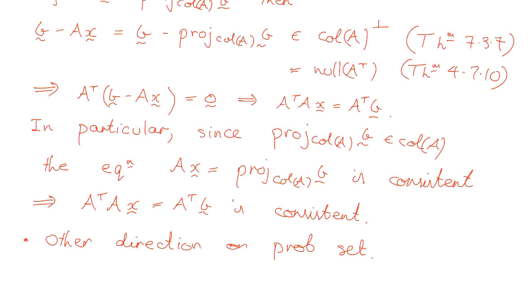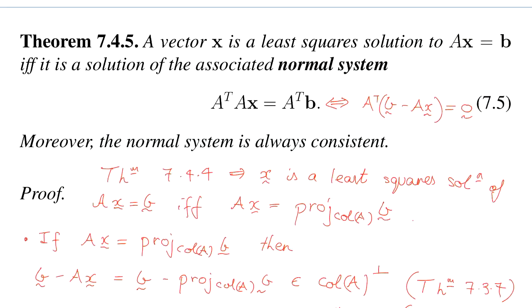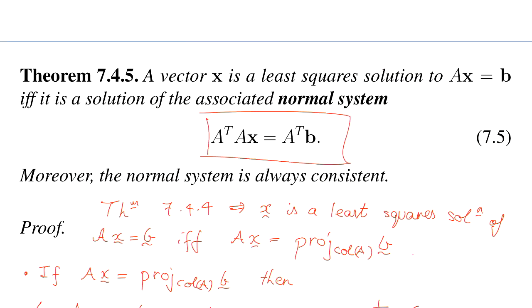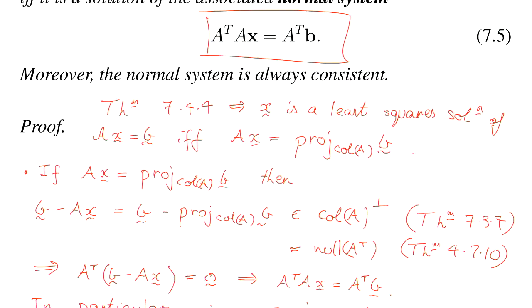So you go and solve the normal equations. There aren't some least squares solutions you haven't found. You'll have found all of them. Okay, so what you should really be picturing when you think of least squares solutions is solutions to this thing. You need to know how to find least squares solutions, and the answer is you solve the normal equations.